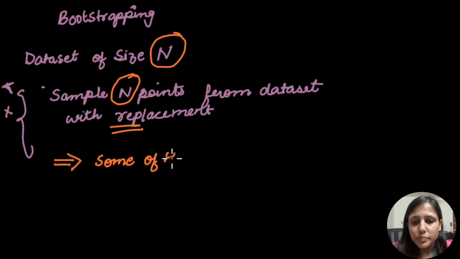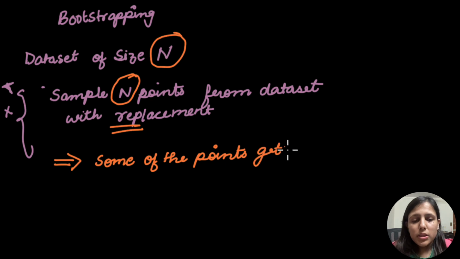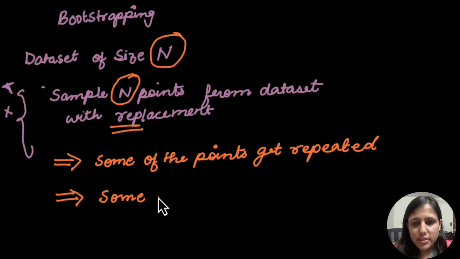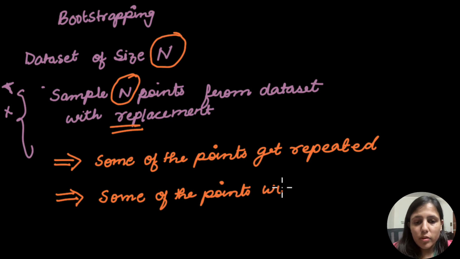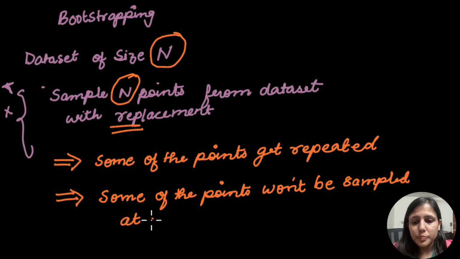Some of the points get repeated, and because some of the points are getting repeated, some points will not even come in this data set that we are newly sampling. Some of the points won't be sampled at all. Okay, so some of the points will not be sampled at all, and some of the points will get repeated.